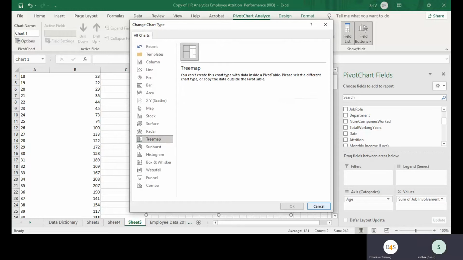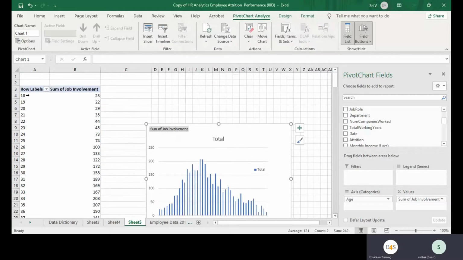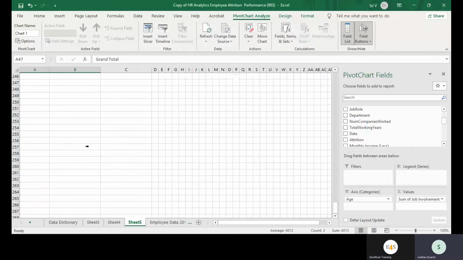Sorry, no, it's not picking it up. Why? You can't create this chart type. Oh, I have to come out of the data. Yes, do that.